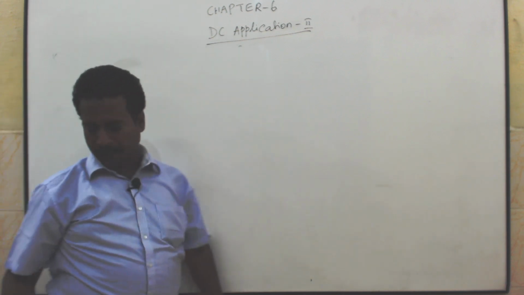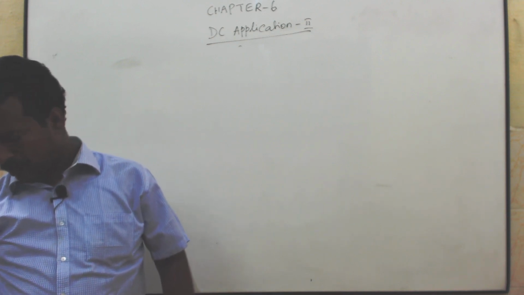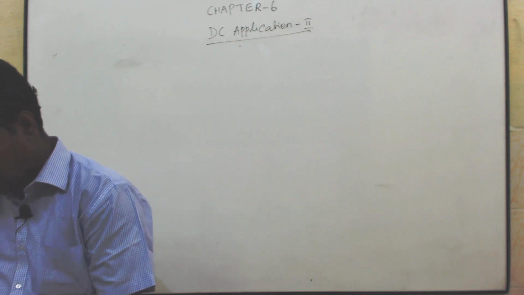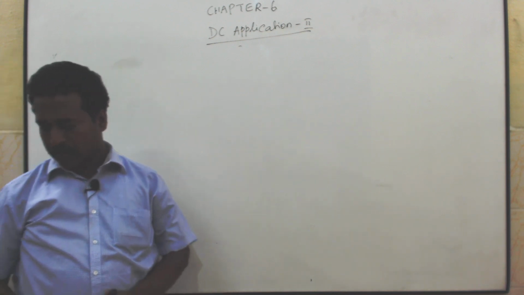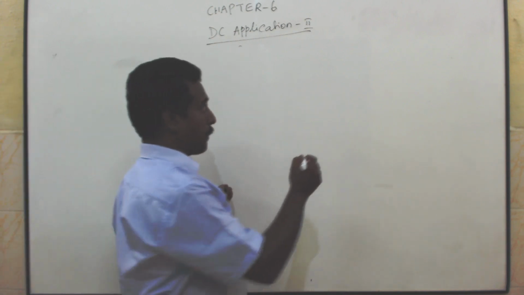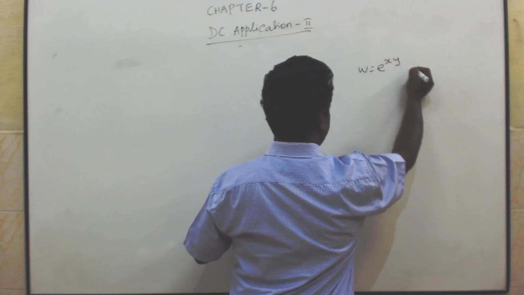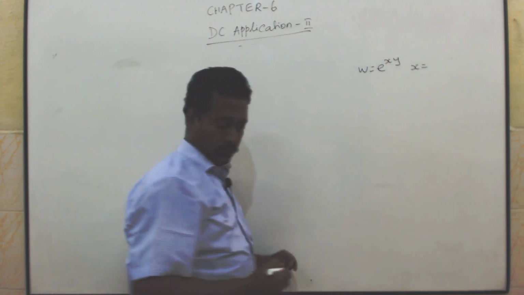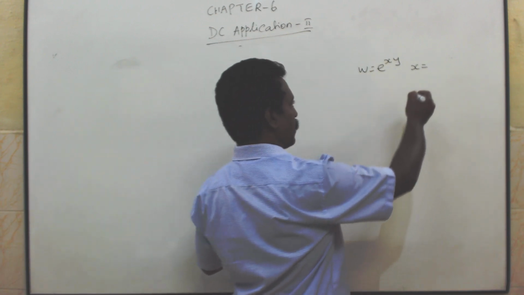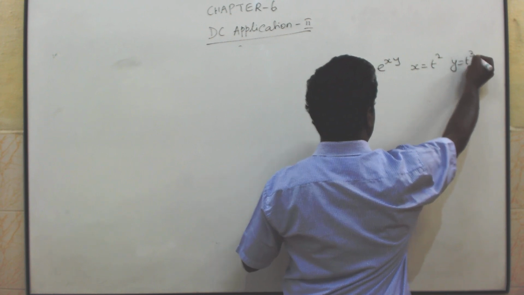Sum number 3 in exercise 6.3. There are 4 problems given. First one, w equals e power xy, x equals t square, y equals t cube.